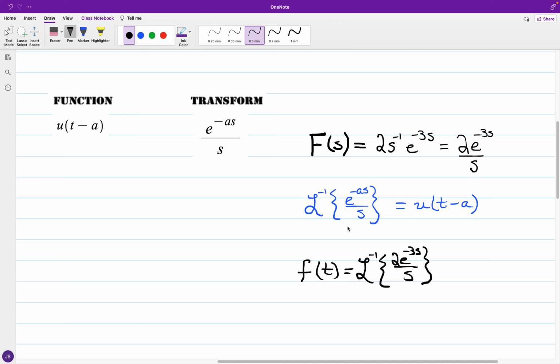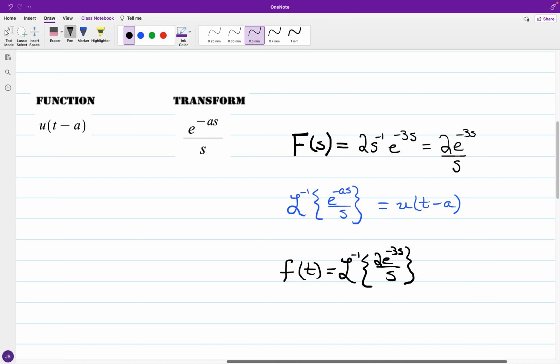So we have, getting to the function, now again, the inverse Laplace transform of e to the negative as over s is going to revert to the function u times the quantity of t minus a.